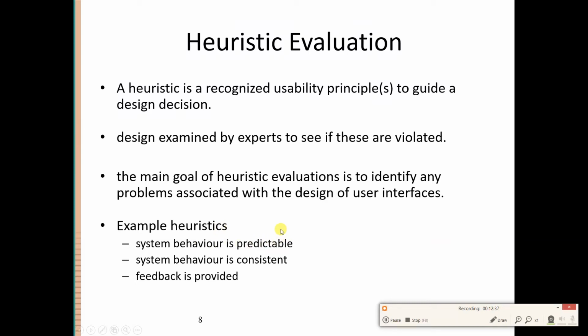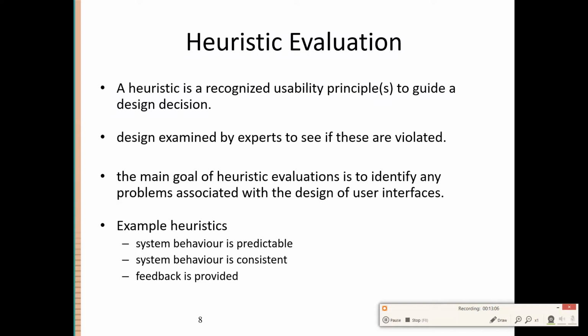System behavior is predictable means that when the user is using the system, the user should have an idea of what is going to happen by doing this action. For example, if the user is using some drawing program, selects the rectangle icon, and then drags the mouse over the canvas, he or she can predict that it is going to draw a rectangle.